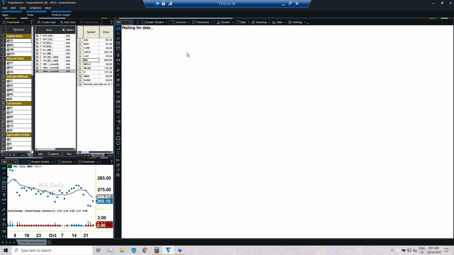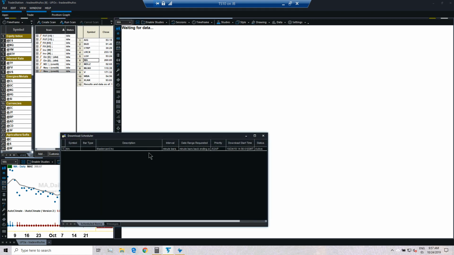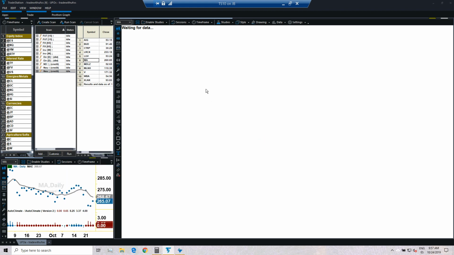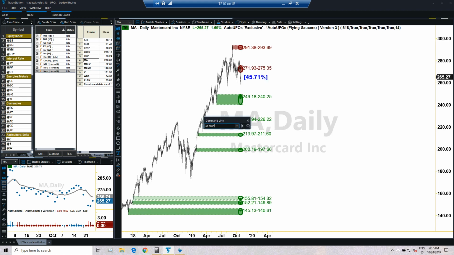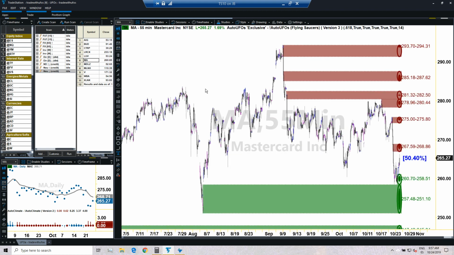Should be there in just a sec. Okay, it's really taking a little more than what I would think it should. Well, it is downloading. Let me kill it and start again. Okay, so 55 minutes, here we go. So we got 50.4 with pre and post market, and we got 275.8.